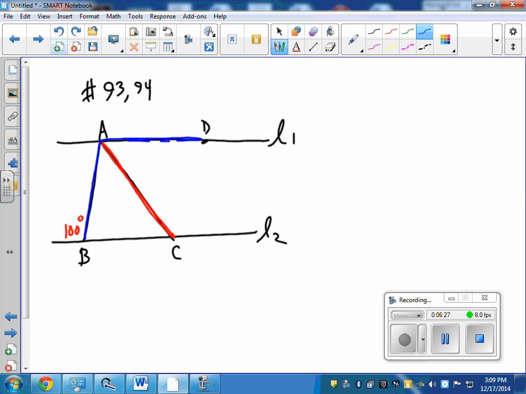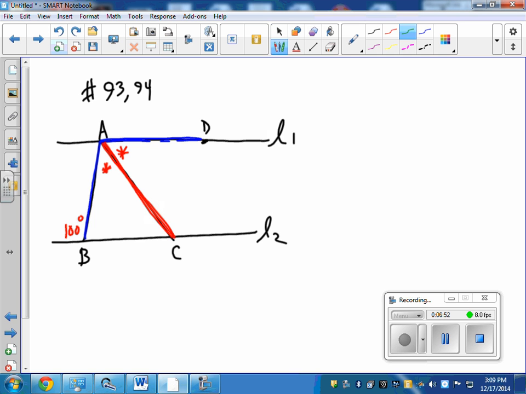Okay, so this blue angle is cut in half, cut into two equal parts by this red segment here. So these two have got to be exactly the same. Remember, bisect means cut into two equal parts. Okay, and our task is find the measures of the other angles, write them on the figure, and then what can you conclude about triangle ABC? So what type of triangle is ABC?